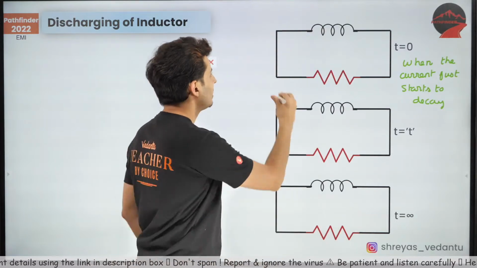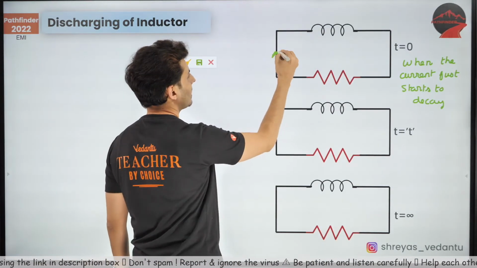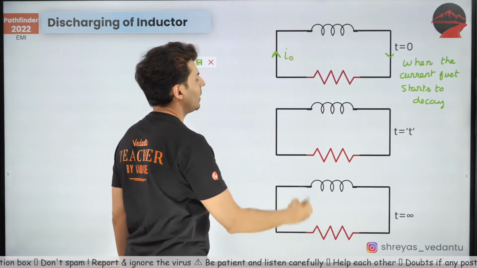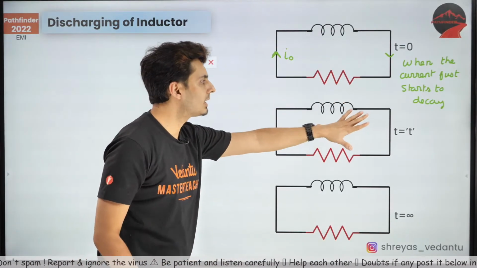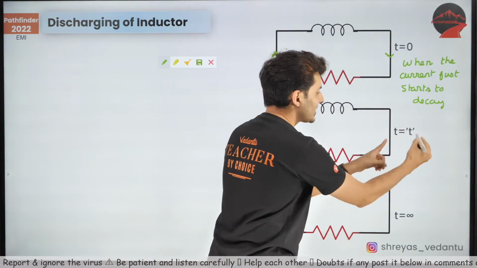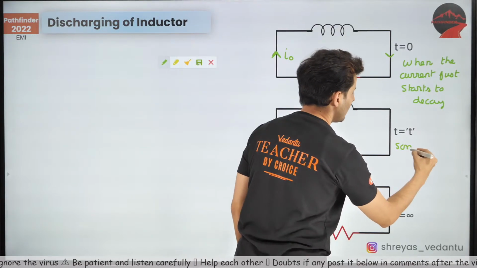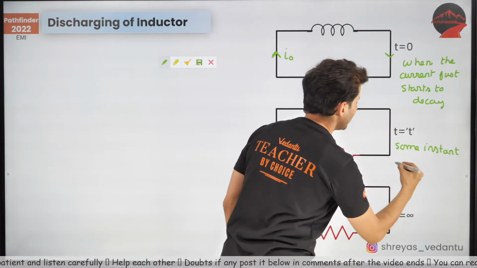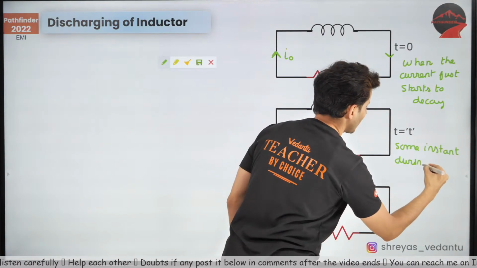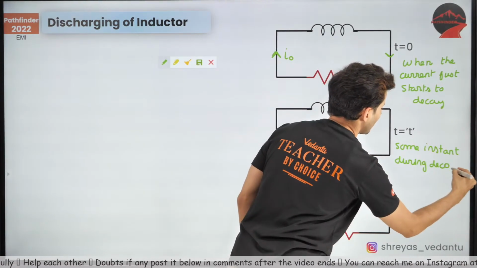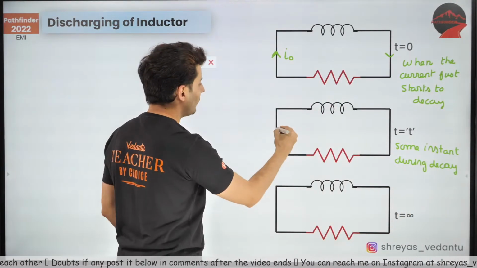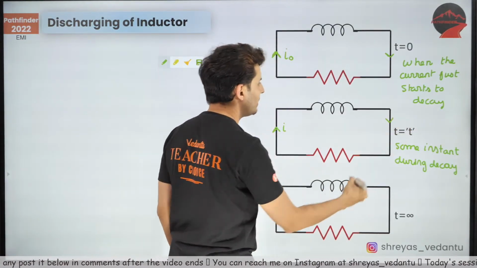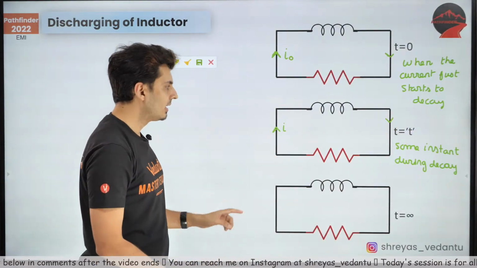The current which is there, maybe the current was flowing like this, the current was, let's say, I0, it will slowly start to decay. This is at some instant during that decay. So the current won't be I0, it will be some value of I, which we are going to figure out in a bit.